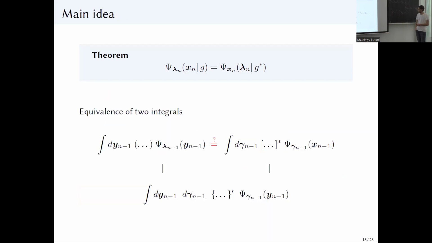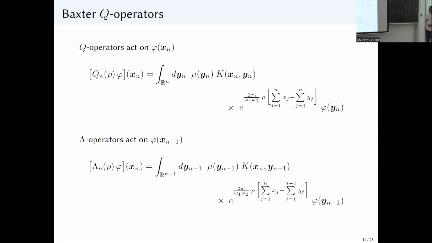So let me explain how this scheme can be realized. I wrote it here just to return to it at the end. In order to do this, we introduce in this model a new object, which is called, again, as in the previous talk, the Baxter Q operators. This is a simple thing. If you already understood what the lambda operators are, the Q operators in this case differ from the lambda operators by the following.